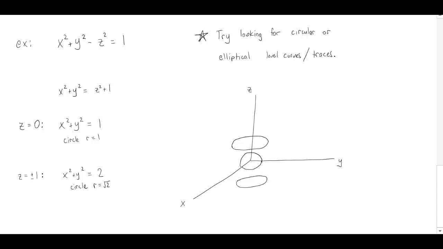If I connect these circles to get a rough sketch, we get a figure that will look something like this, and then it keeps going up, getting wider as it goes along. This surface, I believe they call a one-sheeted hyperboloid.